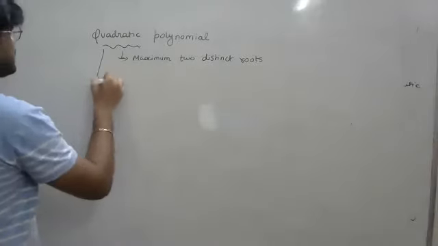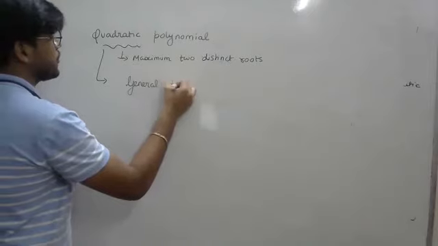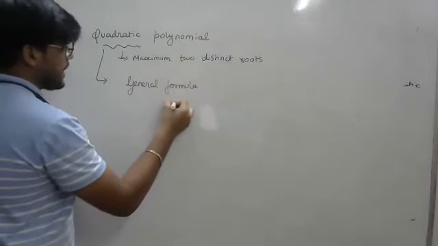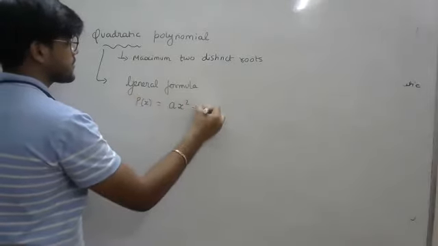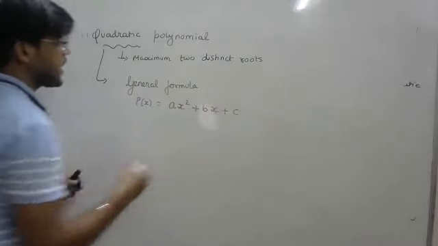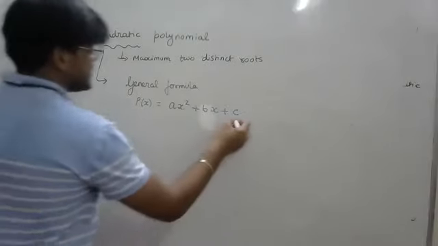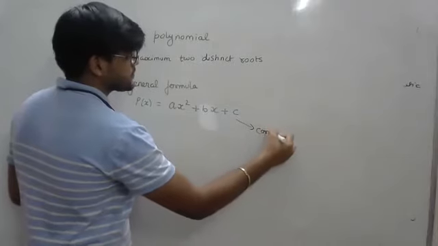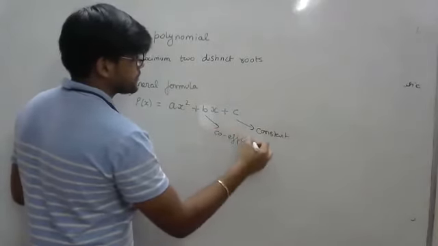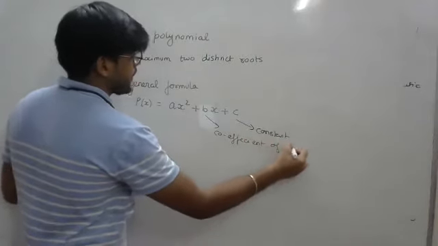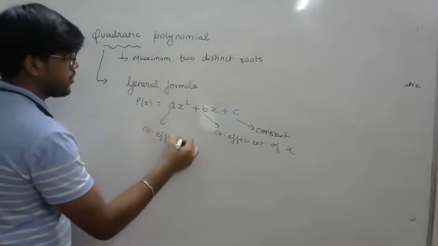What's the general formula of writing a quadratic polynomial? It is ax square plus bx plus c, where c is the constant, b is the coefficient of x, and a is the coefficient of x square.